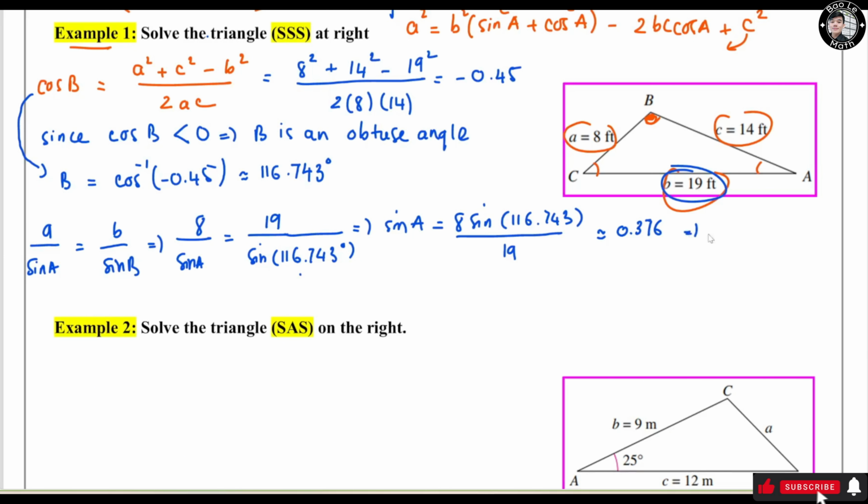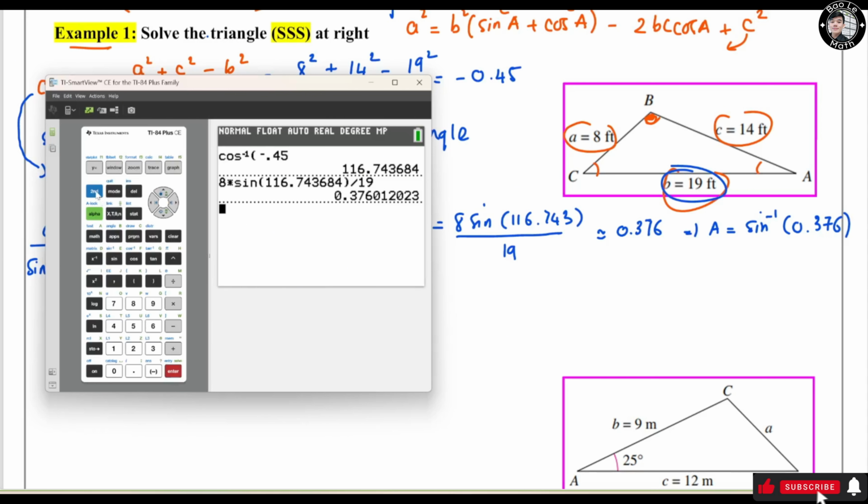Then you need to solve for angle A. You're going to take inverse sine of both sides. So angle A equals inverse sine of 0.376. So you're going to hit second sine of the answer right here, then press enter. It's going to be 22.087.